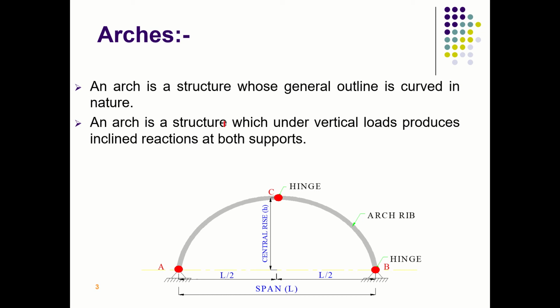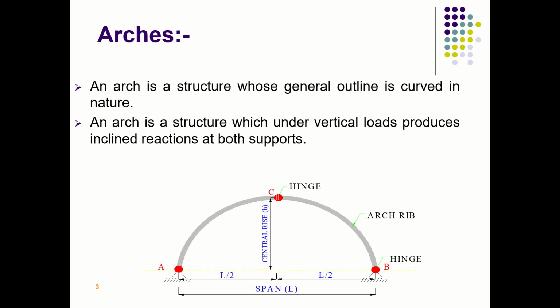An arch is a structure which under vertical loads produces inclined reactions at both supports. So this is your first support, hinge support A, and this is your hinge support B. The horizontal distance between support A and support B is the span, and it is called L, right?